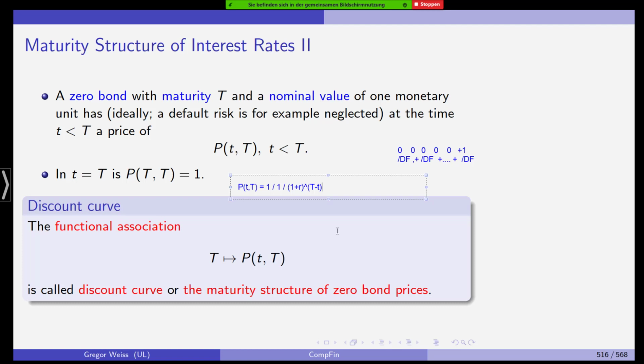So in other words, this is just the discount factor. And this is why it's called the discount curve, and the maturity structure of the zero bond prices.